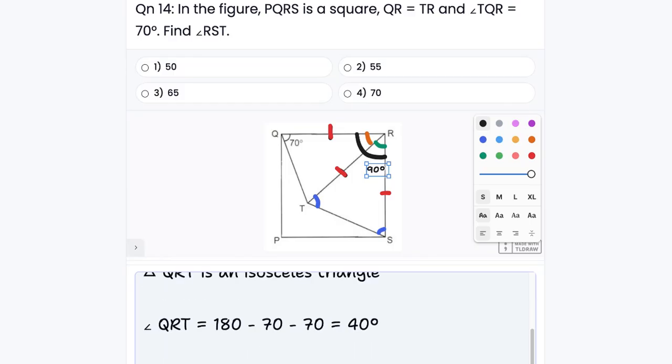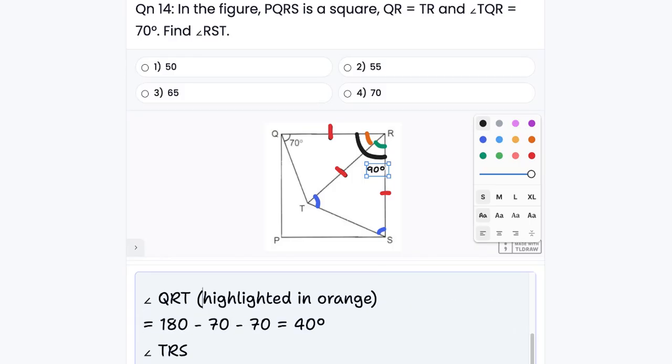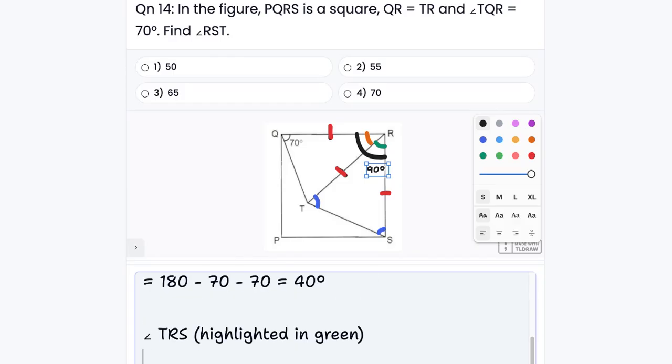Okay, so we know QRT is 40 degrees. Then angle TRS, I'm gonna put here highlighted in orange, then TRS is highlighted in green, so easier to reference, right? So for this will be equal to 90 minus 40, which is 50 degrees.